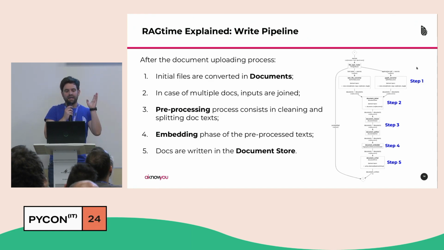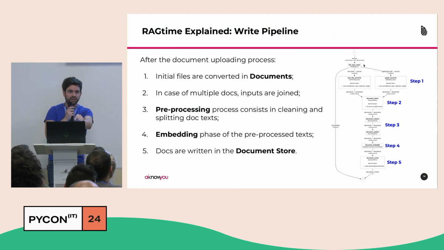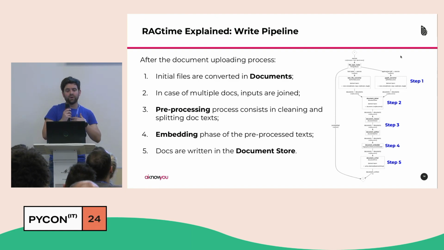Basically, you can put in your document, and the pipeline itself is able to route the document based on the source, in this case PDF or TXT. So the initial files are first of all converted.